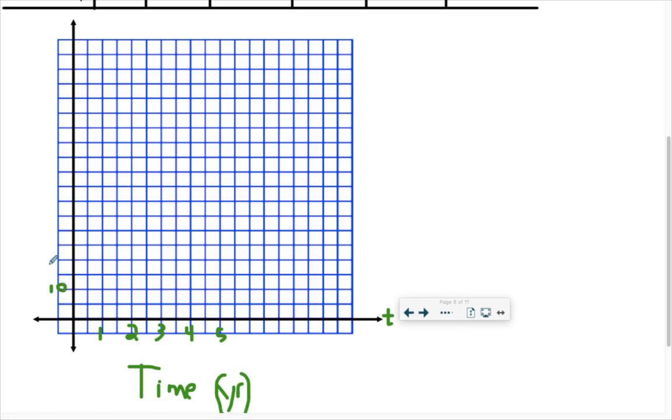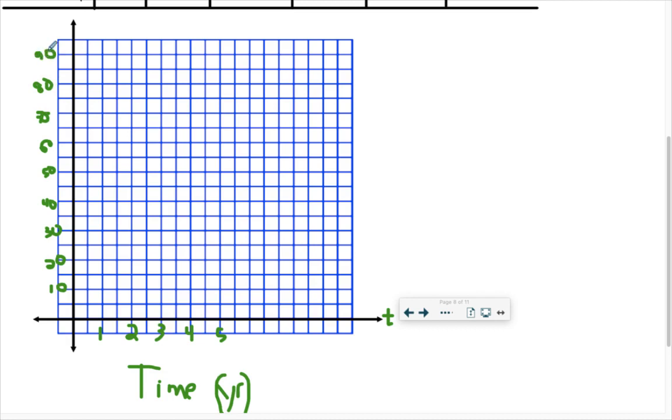So 5, 10, 15, 20, keep on going, 50, 55 and 60, 65 and 70. Just keep on a going. Get up here to 80, 90. Nice.